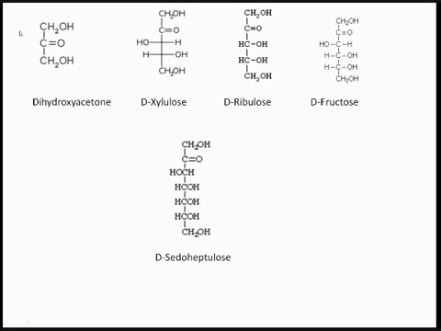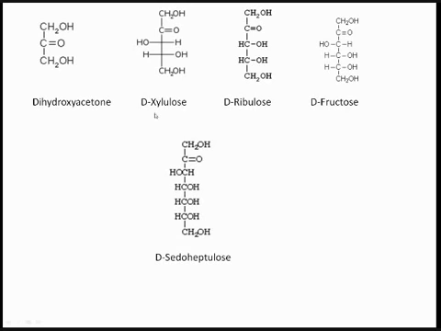So here at carbon 1 you have H and OH, which is generally written as CH2OH. At the second carbon you have a functional group, that is C double bond O. At the third carbon OH is oriented towards the left and H is on the right. In the fourth carbon H and OH, and in the fifth carbon again CH2OH.